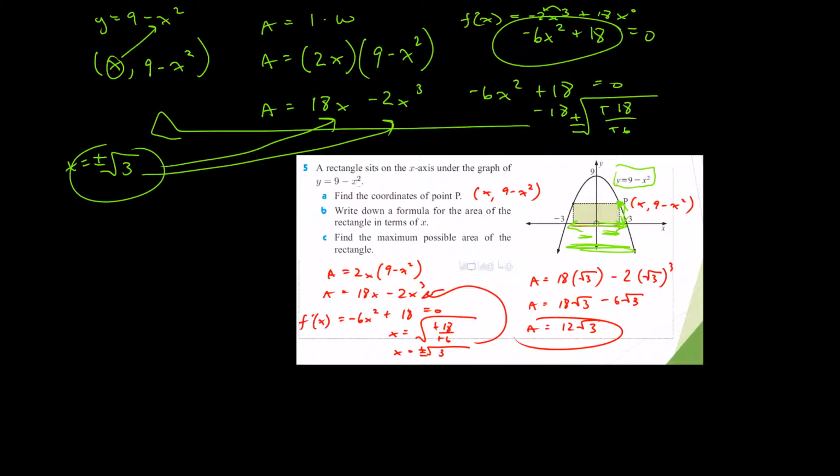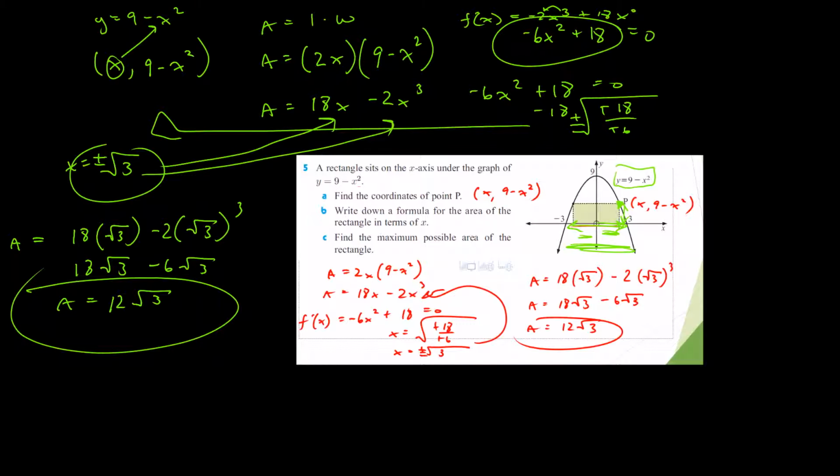So we end up with area equals 18 times root 3 minus 2 times root 3 cubed. Root 3 cubed is going to give us 3 root 3. Multiply that by negative 2 and you get negative 6 root 3. So 18 root 3 minus 6 root 3 is 12 root 3. So this is the maximum area possible for this rectangle.